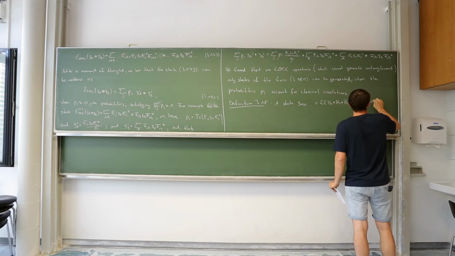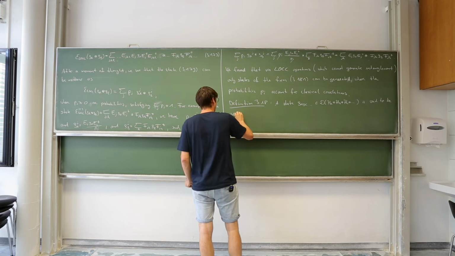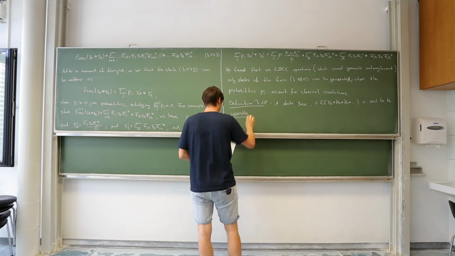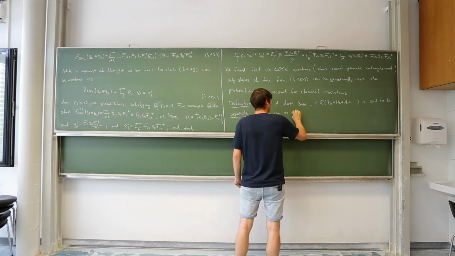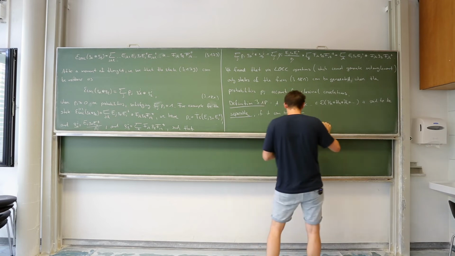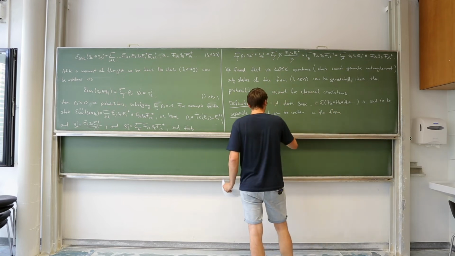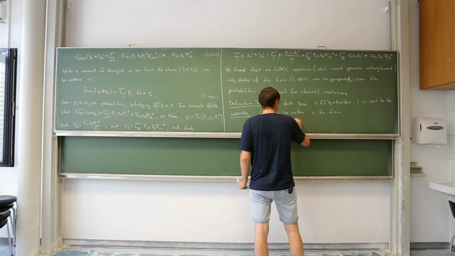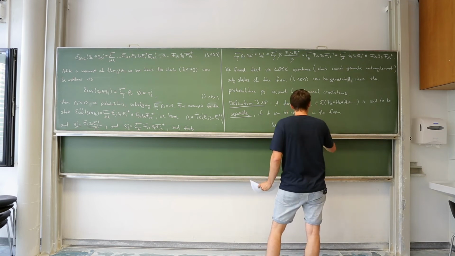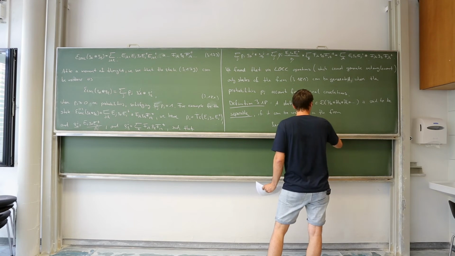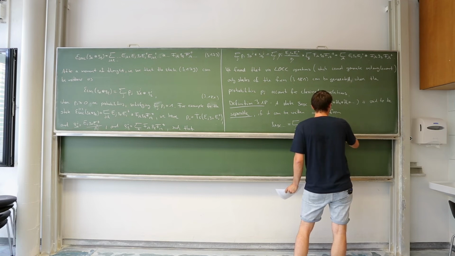And this is said to be separable if it can be written in the form that rho ABC and so on is given by a sum over the probabilities Pj and then we have tensor rho Aj, tensor rho Bj, tensor rho Cj, and so on.